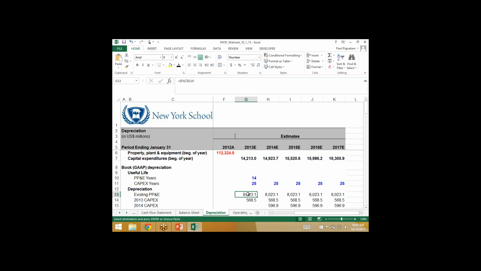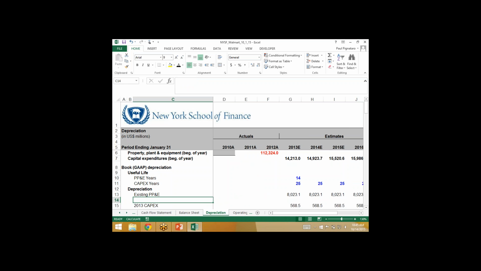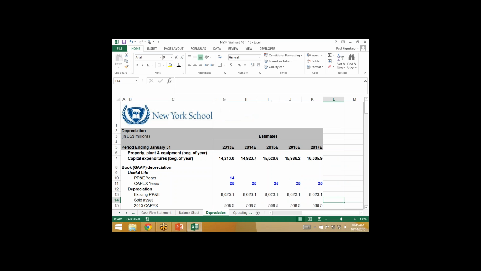And what I would do, we can just do it really quick, but it's not so systematic, is I'd add a row under existing PP&E. I'd call it sold asset. This is the way we did it at like Morgan Stanley. And this is kind of ad hoc, we'd highlight it.